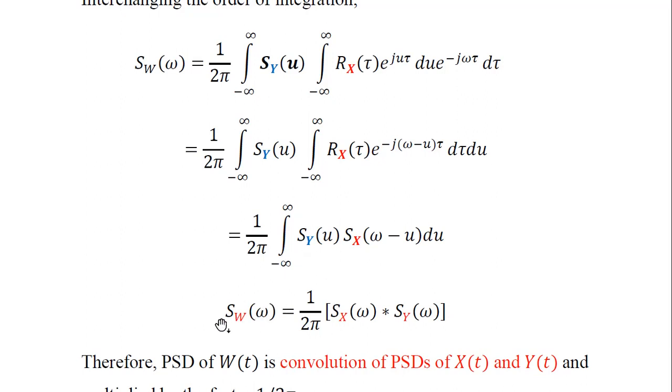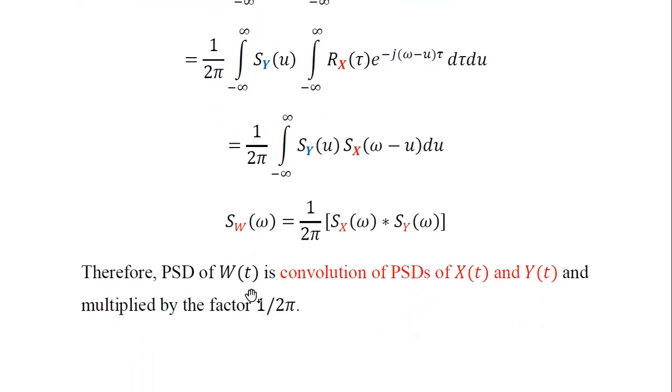So the power spectral density of the resultant random process w, which is obtained by taking the product of x and y random processes, denoted on the LHS as Sw of omega, is equal to 1 by 2 pi into the product of the power spectral density of x with the power spectral density of y, integrated over u.